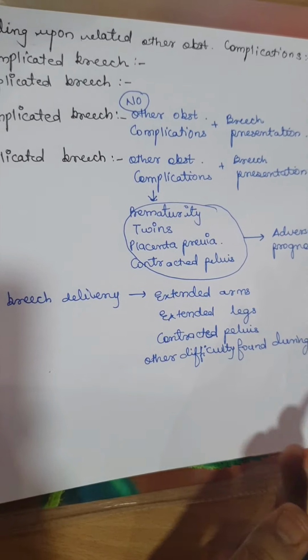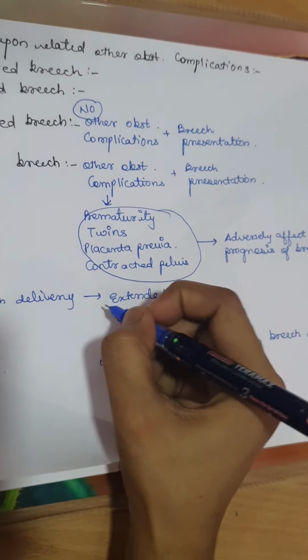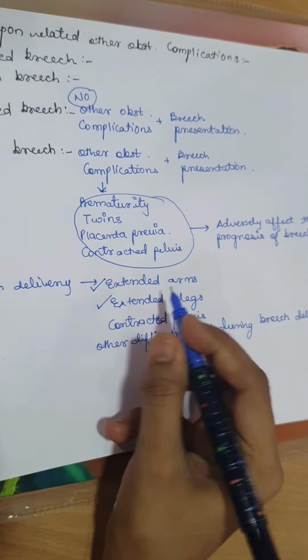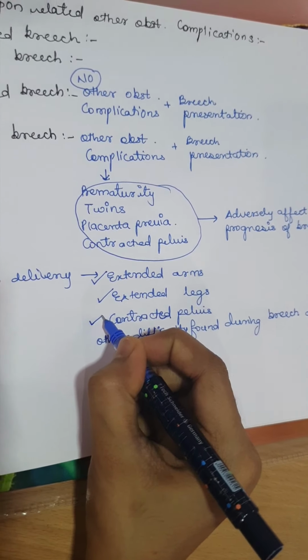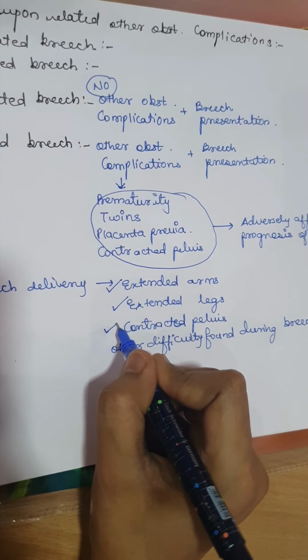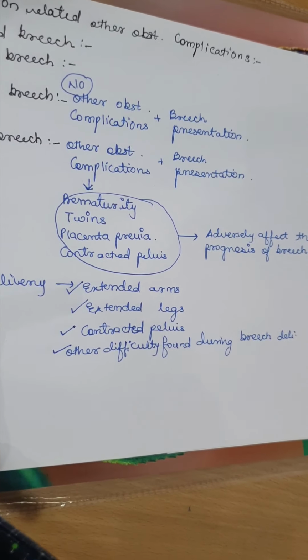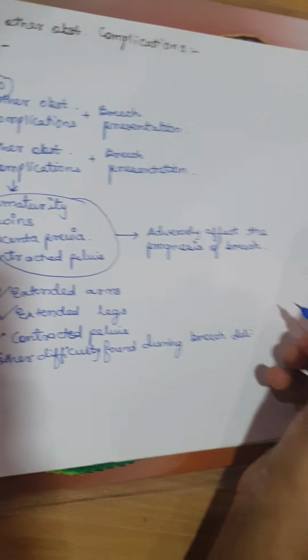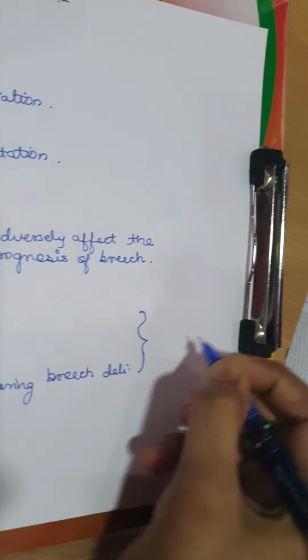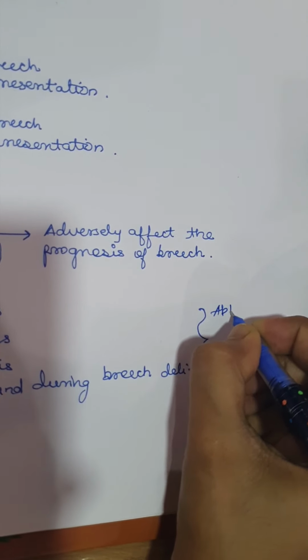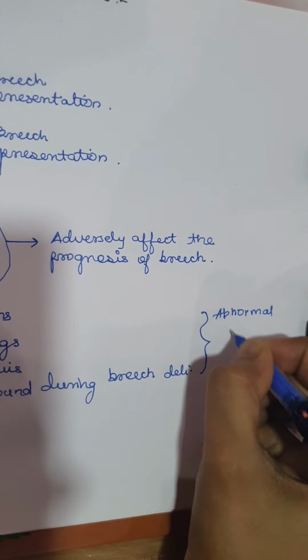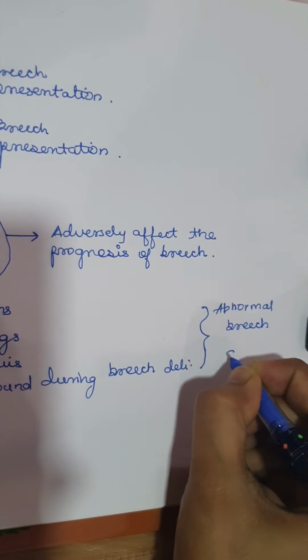This is called the abnormal breech delivery. If there are extended arms of the fetus, extended legs, or a contracted pelvis which will adversely affect the delivery of the head, or other difficulties which arise during the breech delivery, this whole is called abnormal breech delivery.